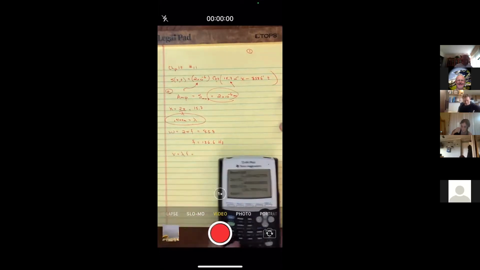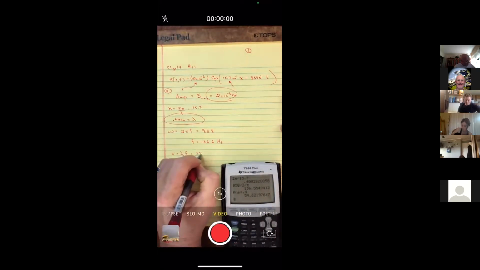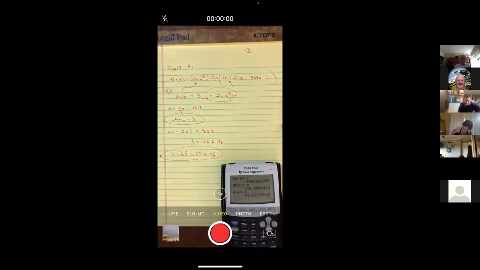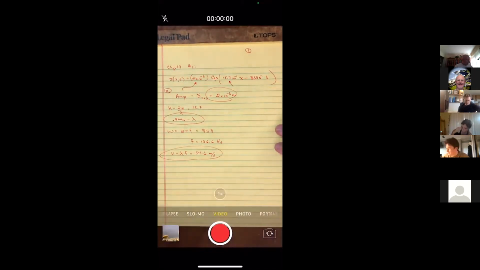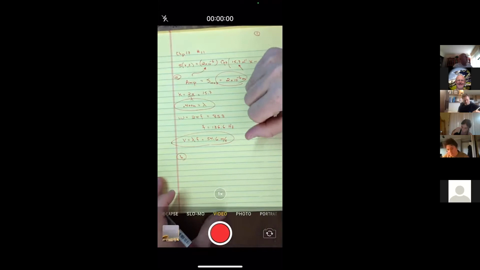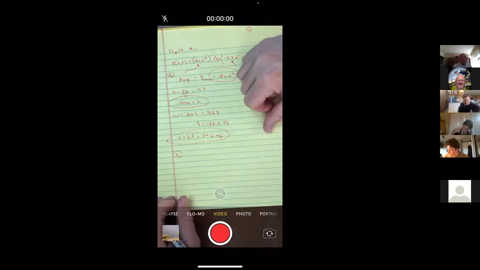I already have frequency in my calculator. Let me multiply by the wavelength of 0.4, and I get 54.6 meters per second. Nice. So that was the three parts of A, the amplitude, the wavelength, and the speed. Good. Now, B says, determine the instantaneous displacement from equilibrium of the elements of the air at a position x equals 0.05 and time equals 3 milliseconds.